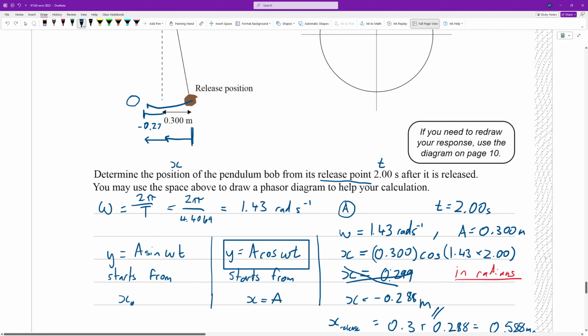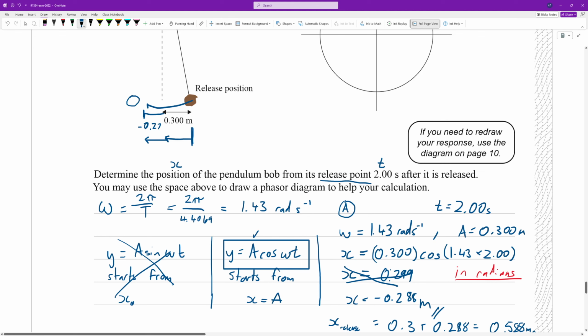And we chose to use y equals a cos omega t because it's starting from a maximum, right? From its release point, which is at 0.3 meters, as opposed to starting from the rest position. So we picked our equation.